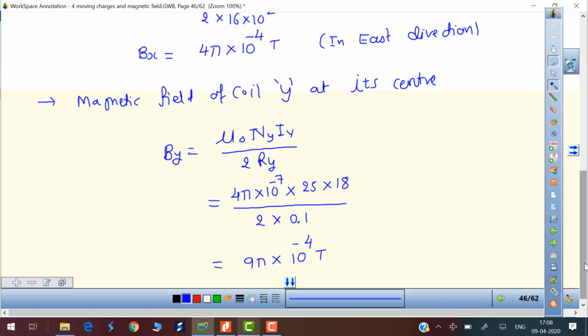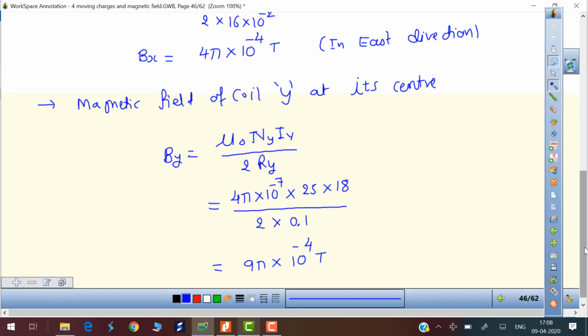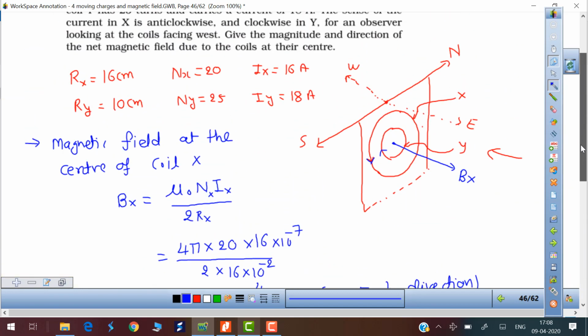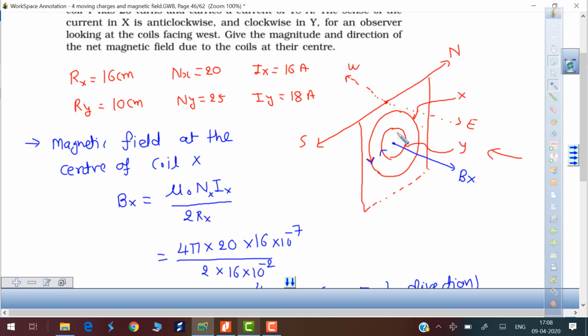Now again we see the direction. Now you have to rotate the screw like this, or hold your hand fingers in this direction, and the thumb is going inside. So this is the direction of B_Y. Understood? You rotate the screw, it will go inside, toward the other side.